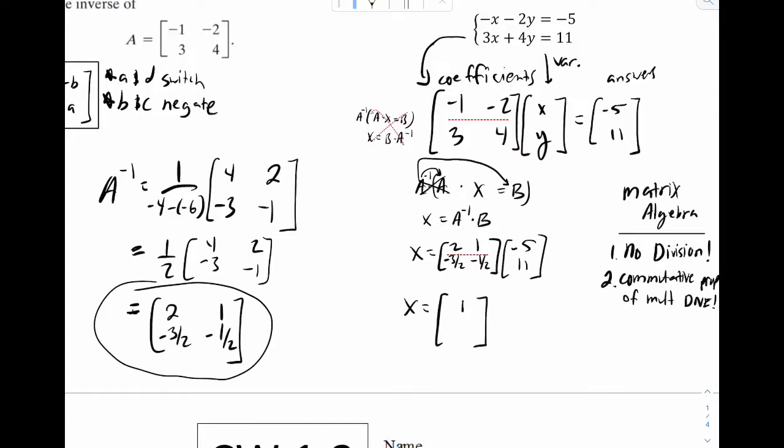And this would be positive 15 over 2 minus 11 over 2, which is 4 over 2, which is 2. So 1, 2 is our answer. And look at that, we solved it using matrix algebra. We can verify 1, 2. Plug in 1 and 2 there, that works. Plug in 1 and 2 there, also works.